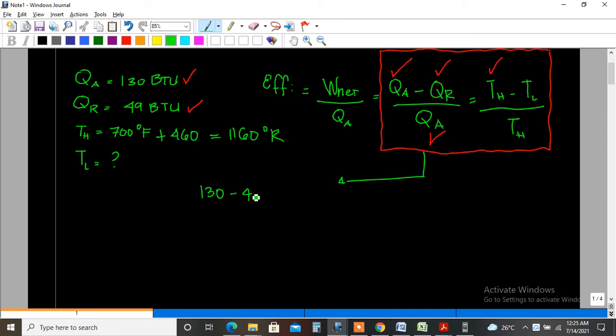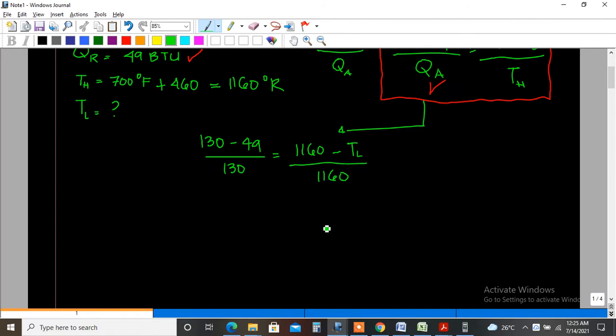130 minus 49 over 130, which is equal to the highest temperature, which is 1160 Rankine, minus the low temperature over the high temperature 1160. So let's manipulate the equation. 130 minus 49, that is 81 over 130.